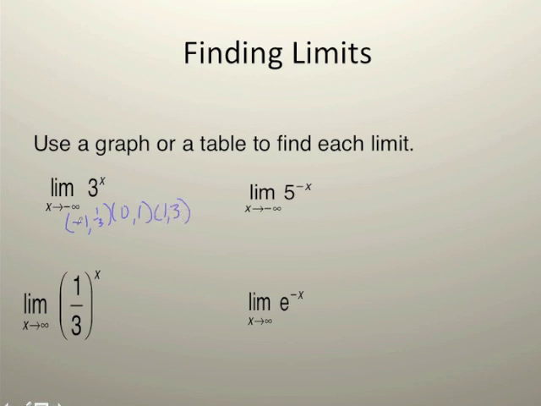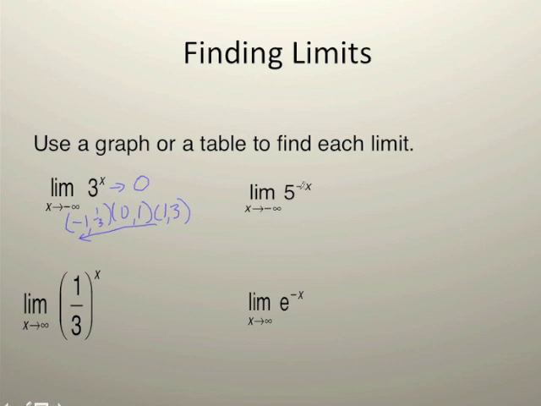Now, as x is going to negative infinity, so as it's going this way, what's happening to the y values? It gets smaller. So the limit of 3 to the x, as x goes to negative infinity, is 0. It keeps getting closer and closer to 0.